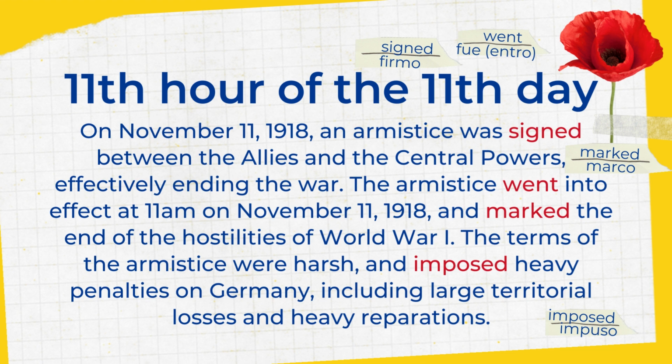The armistice went into effect at 11 a.m. on November the 11th, 1918, the 11th hour of the 11th day, and marked the end of the hostilities of World War I. The terms of the armistice were harsh and imposed heavy penalties on Germany, including large territorial losses and heavy reparations.